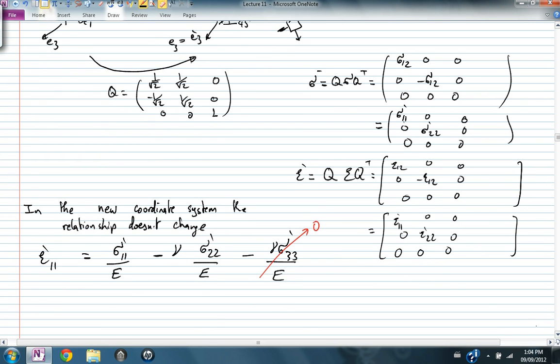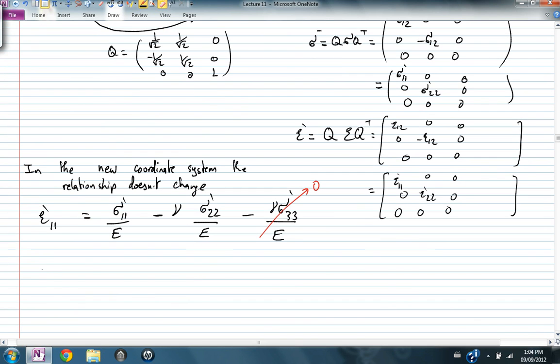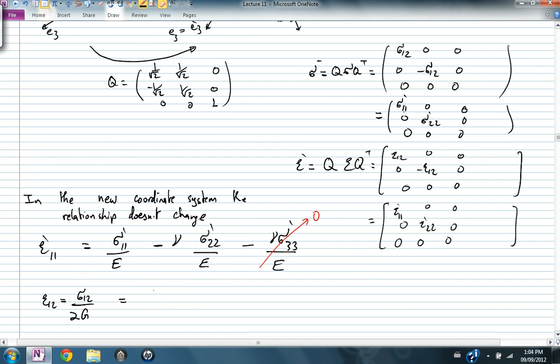But I know that the new epsilon prime 1 1 is equal to epsilon 1 2, which in fact is equal to sigma 1 2 over 2G from the relationship in the earlier coordinate system. Sigma prime 1 1 is in fact equal to sigma 1 2. Sigma prime 2 2 is in fact equal to negative sigma 1 2.